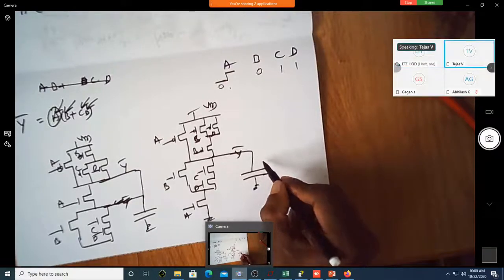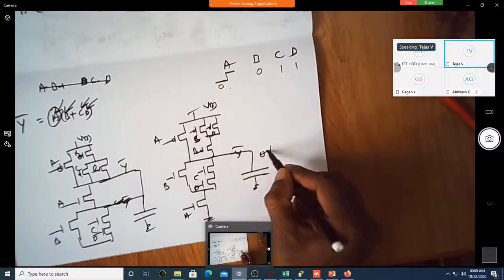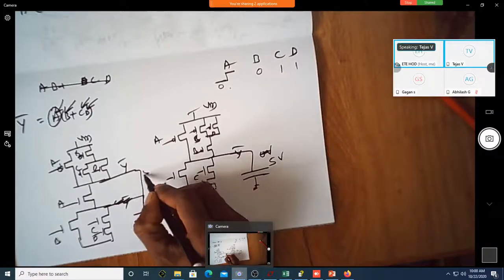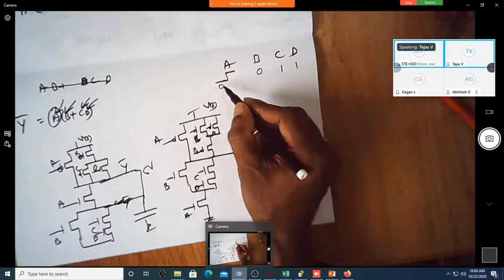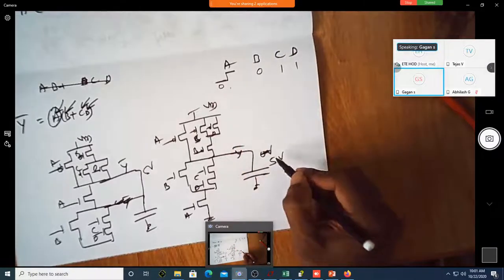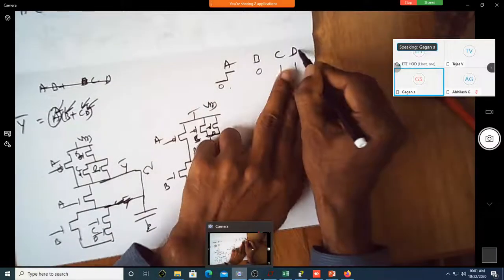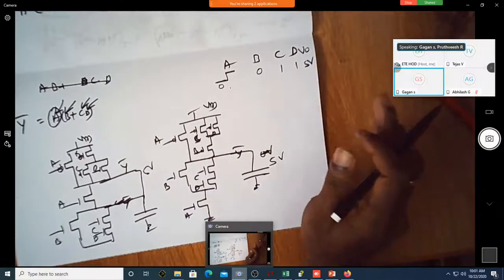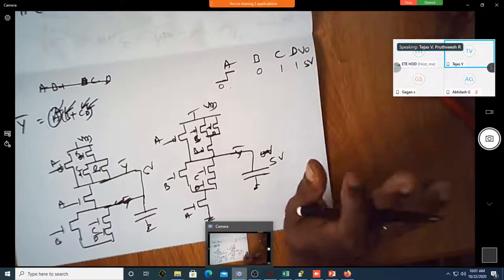Is the output Y bar 1, that is 5 volts? Yes, sir. Why is the output 5 volts? No path for discharge, sir. A is 0, no discharge path is available. Perfect.